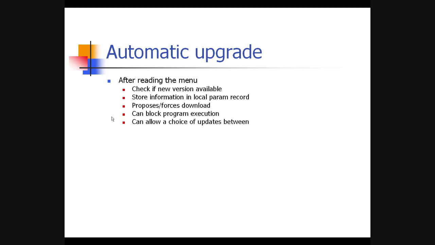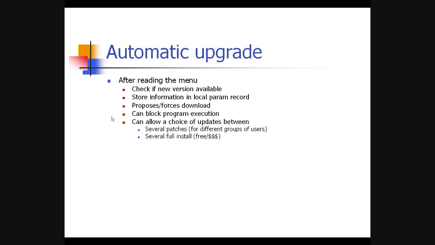You can also allow the user to choose the updates he wants or he doesn't want. For example, there can be several patches that are available for different groups of users. So the user can choose which one he wants to download and install. Or this can be done, of course, automatically if you know this user is in that group and that update is for that group, so you can just propose the ones that match the user.